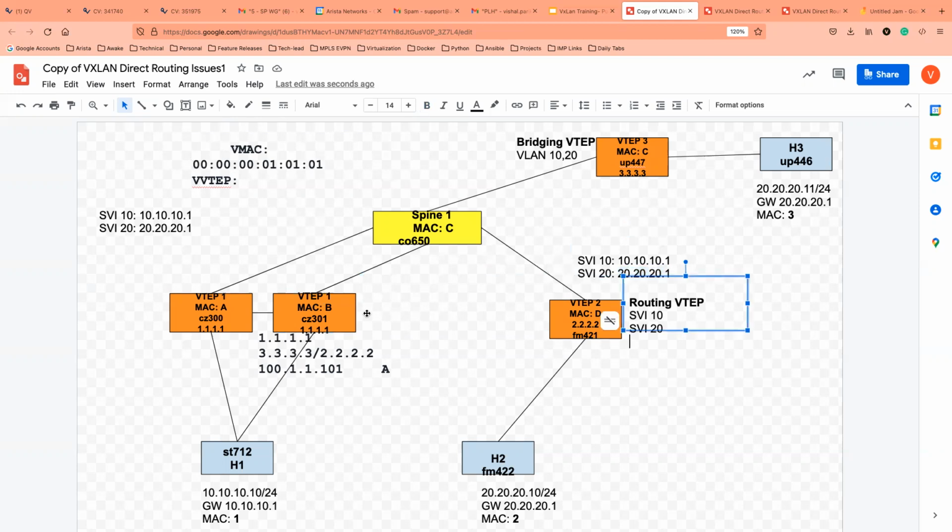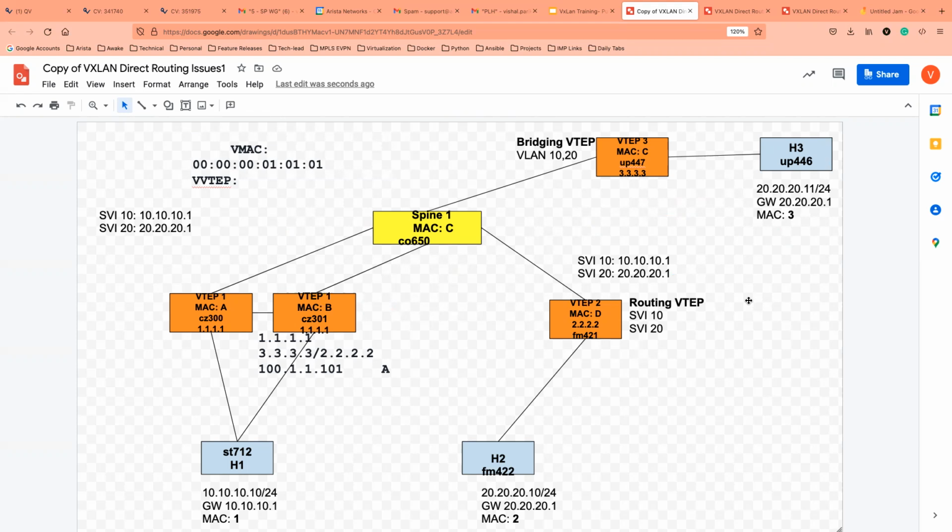But yes, you will get many duplicate ARP replies from all the VTEPs. So if you have 100 VTEPs in your network, H3 will receive 100 ARP replies. We will discuss how to resolve that issue. That problem is there right now. Anything else?